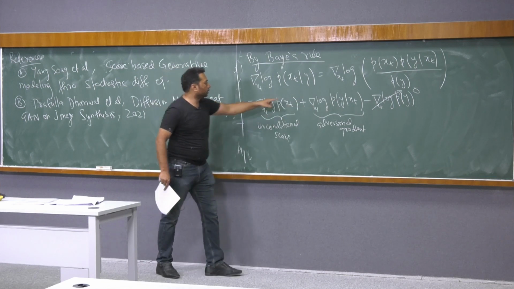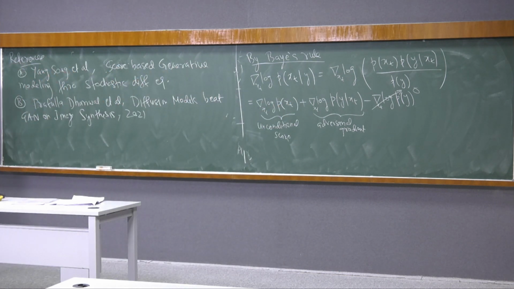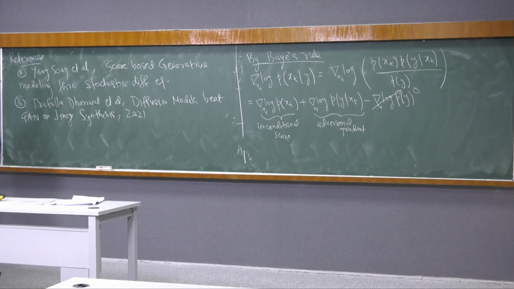So what they did is put some weights between these to control whether I want more diversity or more images specific to the conditions.